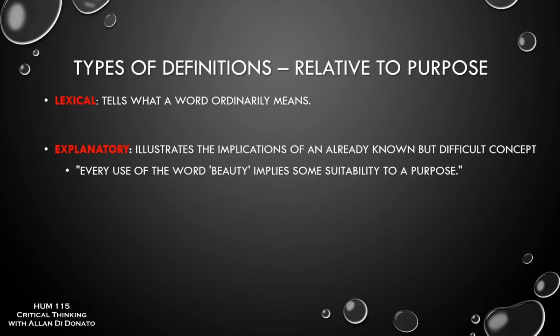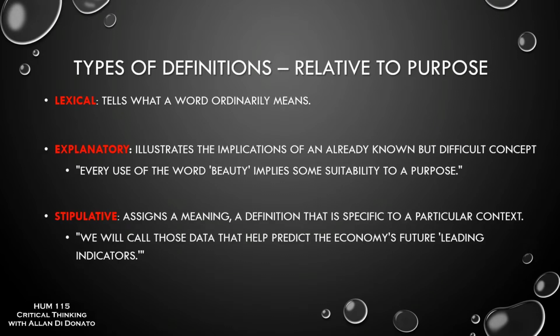Okay, that's one way to try to explain beauty as you're defining beauty. Suitability to a purpose is not necessarily a lexical definition or a dictionary definition, but it does add something to that definition, explanatory value.